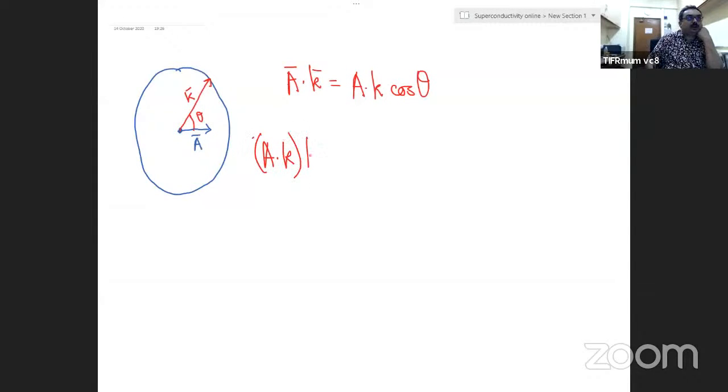So first I calculate A dot k. So this will be A dot k, A k cos theta. All right. Now this is fine. Now I have to calculate this quantity, A dot k into k.